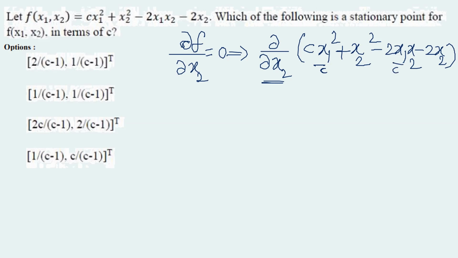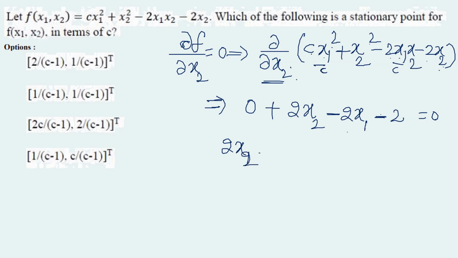The derivative of c x1 square is 0, plus the derivative of x2 square is 2x2, minus, here 2x1 is constant, so taking it out and finding the derivative of x2 with respect to x2 yields 1. So the derivative of 2 x1 x2 is 2x1, minus the derivative of 2x2 with respect to x2, which is 2, equals 0.